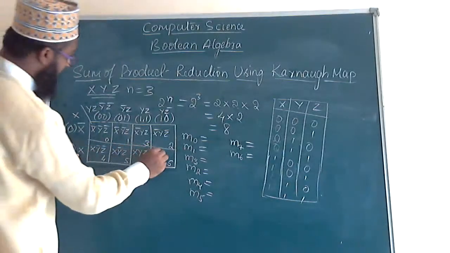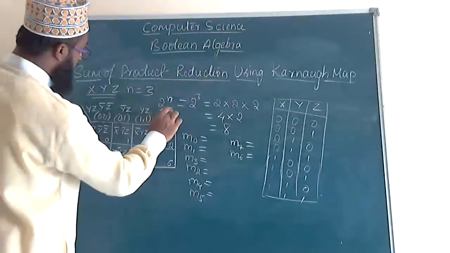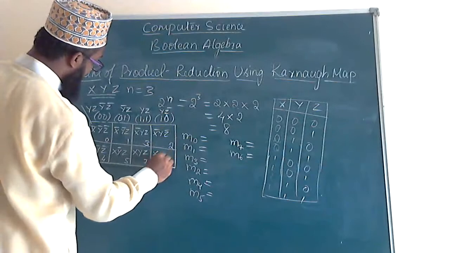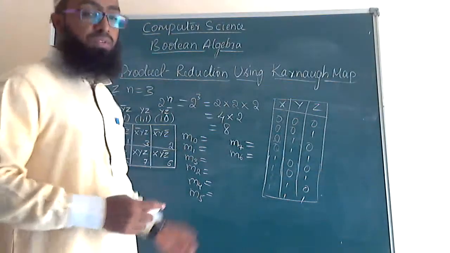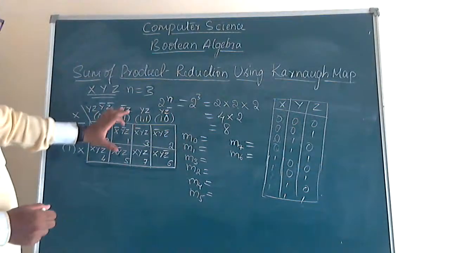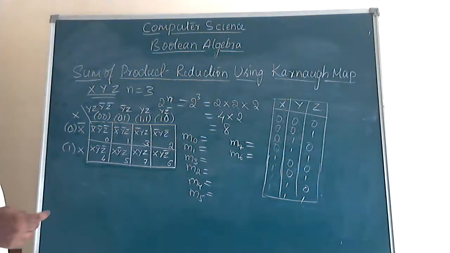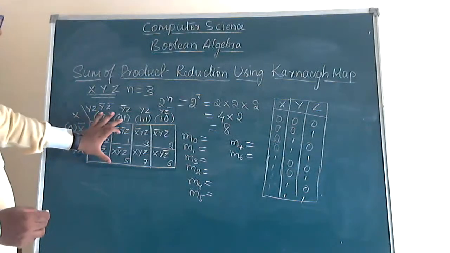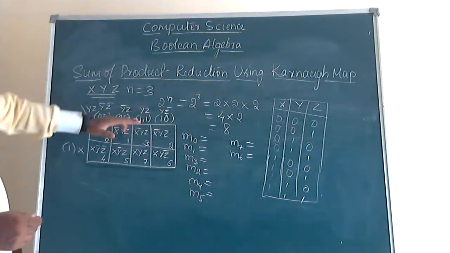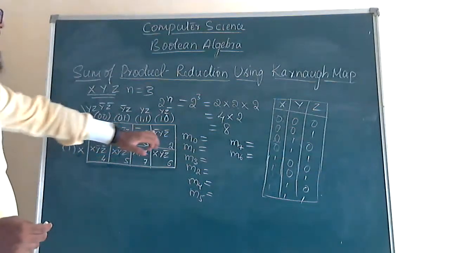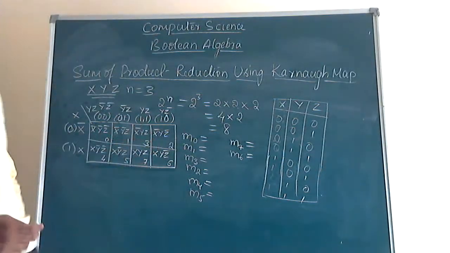Then write x here, then take these two, y, z bar. Like this, we can give the expressions, or the literals, or the product, or the min terms. Okay, we can call them min terms for every square.